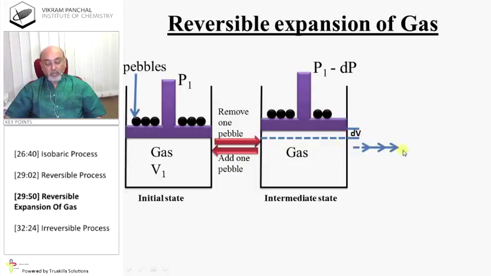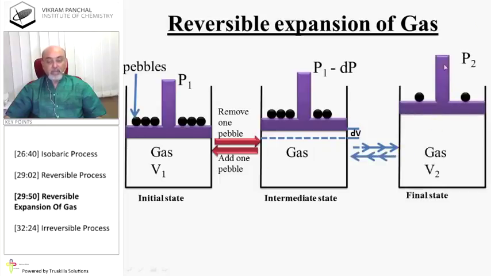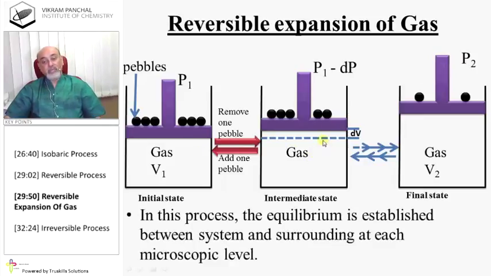If you carry out such small changes for a long time, finally we get this state, and the pressure is P2, which is different from P1, and the volume of gas is V2, which is different from V1. So this becomes a reversible expansion of gas. Why? Because we have changed the pressure very slowly, and finally we achieve this state, and between every two adjacent states there is always equilibrium. So in this process, equilibrium is established between system and surrounding at each microscopic level.